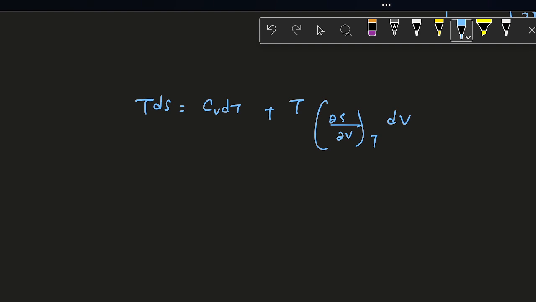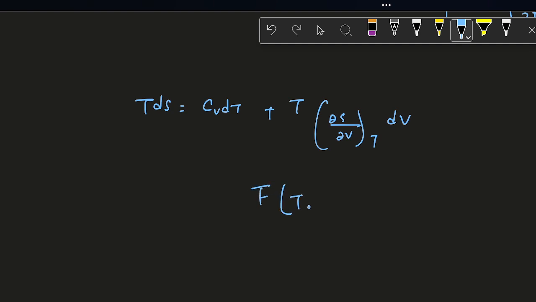And how to do that? You have to introduce the idea of another thermodynamic potential called the Helmholtz energy.